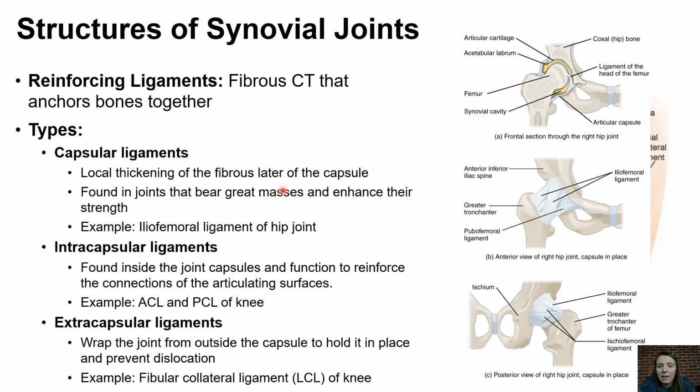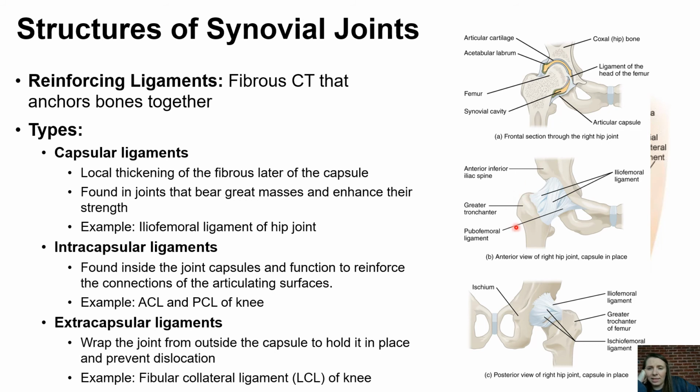So for example, in the hip joint, that's this first picture that I have up here. Here we can see through and into the right hip joint. Here's the femur and here's the hip bone over here. We can see the synovial cavity in yellow, and then we have this capsule here, the articular capsule. And this capsule is going to be reinforced by ligaments.